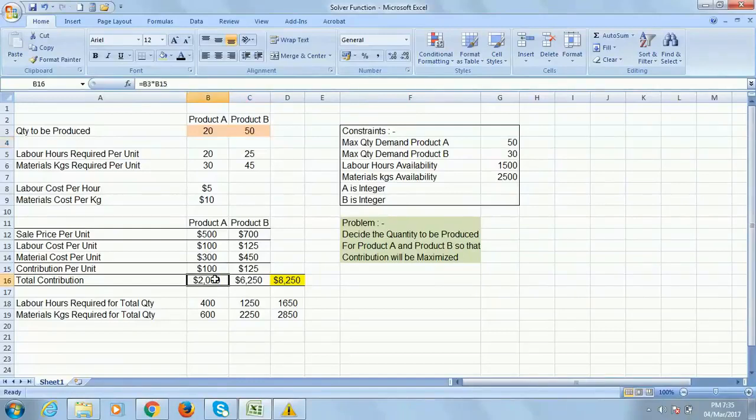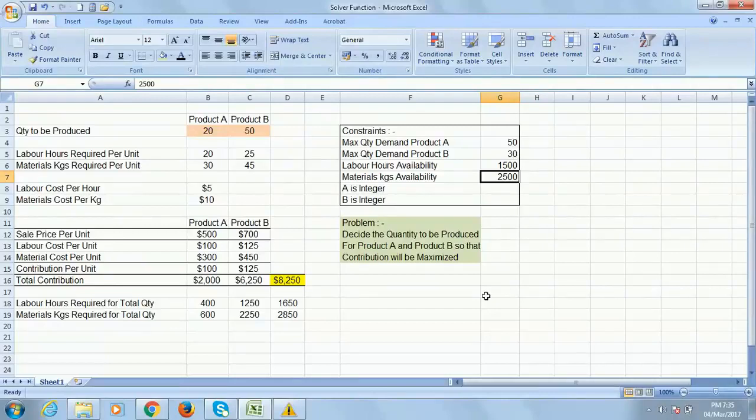But friends, in a typical factory situation there is always a constraint: labor hours available are only 1500 and material kilograms available is only 2500.